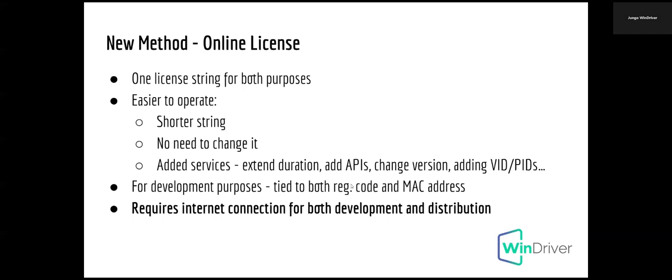If you want to add APIs, upgrade or downgrade WinDriver version up to 16.4, no need to change the license. Adding VPIDs, and you're starting to get it. So there is no need to change the license, which is a huge plus. All you need to do is talk to us, and we will perform the changes on the server. So it is much easier to operate.